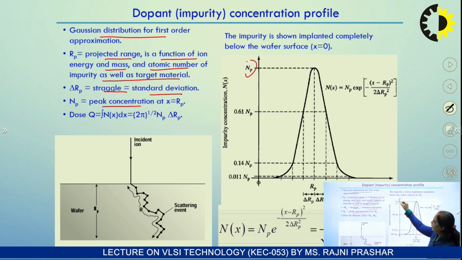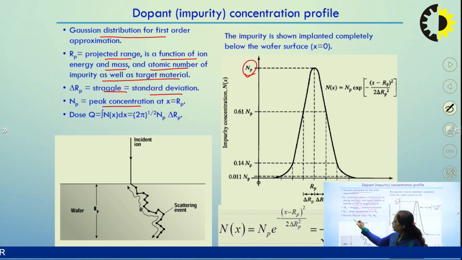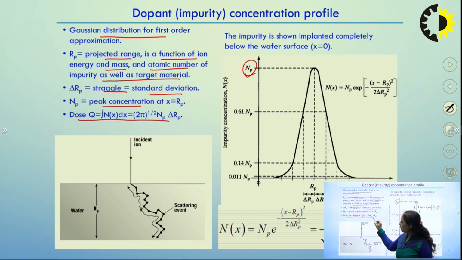So here we have Np, the peak concentration, and the dose, that is how much impurity we are going to implant. It is given by this formula. Suppose we have this wafer, and here we have the incident beam. It will scatter in this way inside the wafer, right?